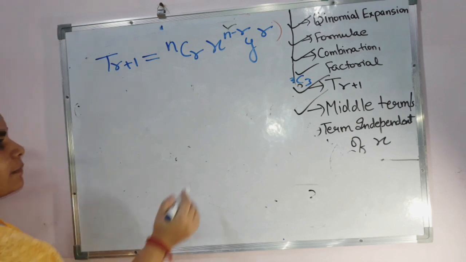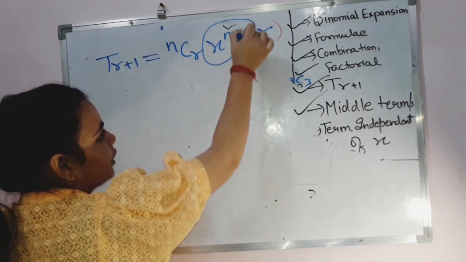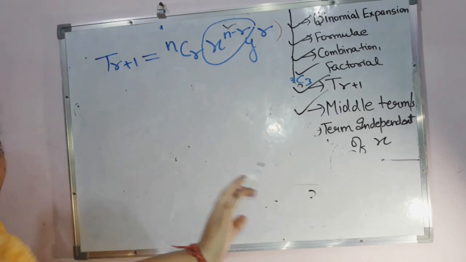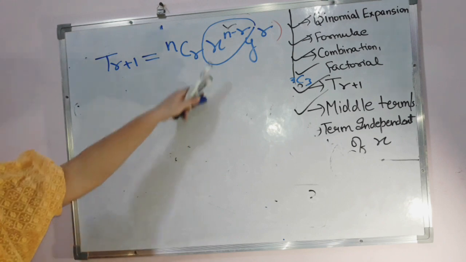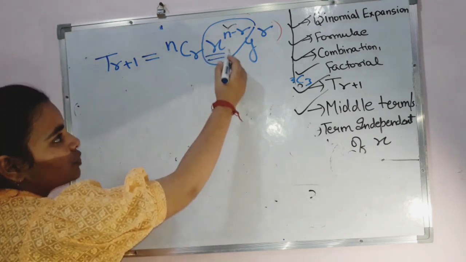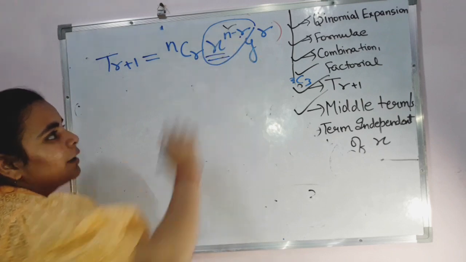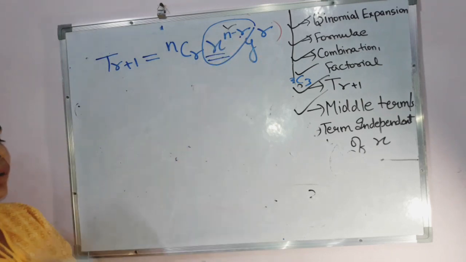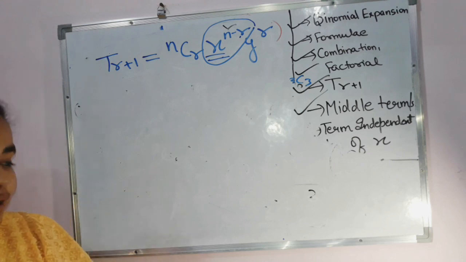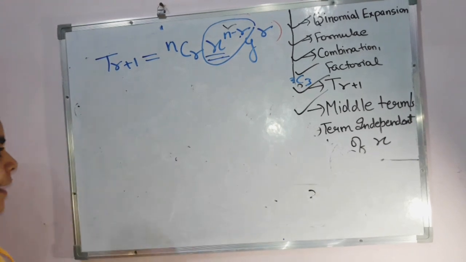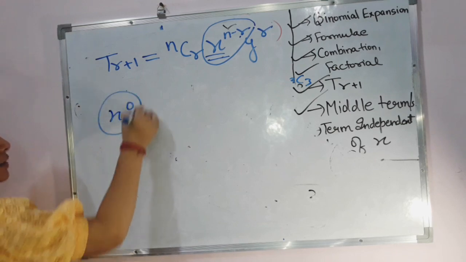Now, after completely solving and reducing the terms, in the last step, whatever the power of x is, that is going to be equal to 0. Why? Because it is independent of x. Independent of x means x raised to the power 0, which is 1.